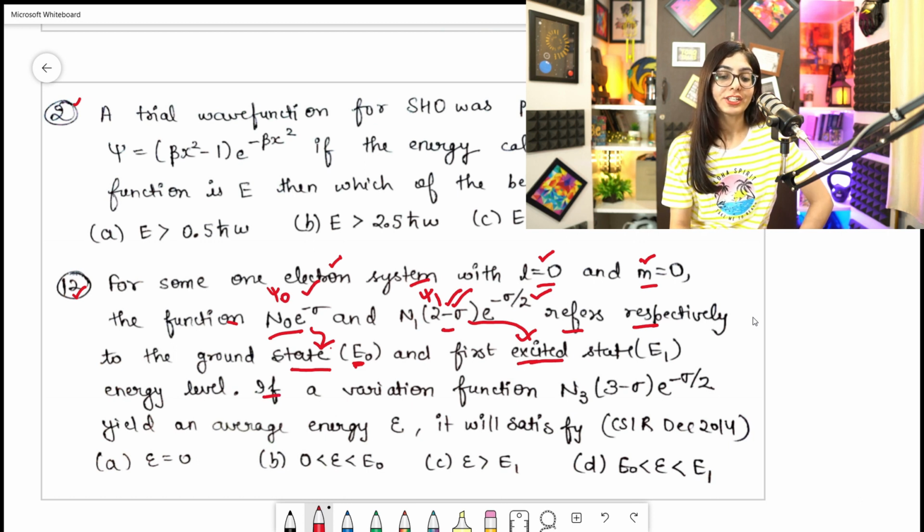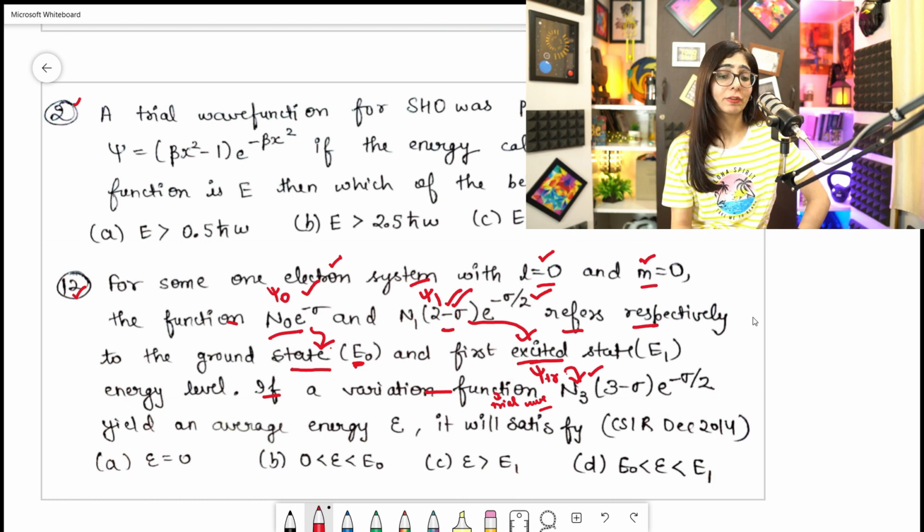So now some random variation function, that means a trial wave function or approximate wave function, has been taken. I'll write psi trial has been given like this: N3 (3 - sigma) e^(-sigma/2).